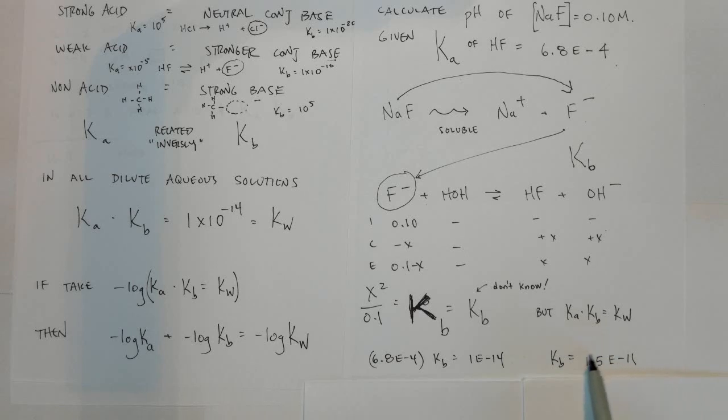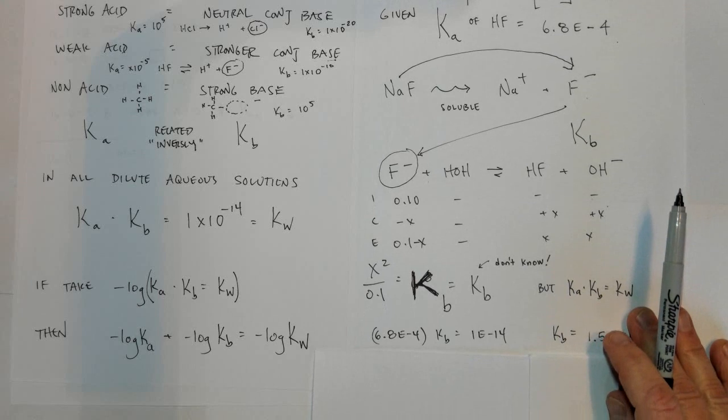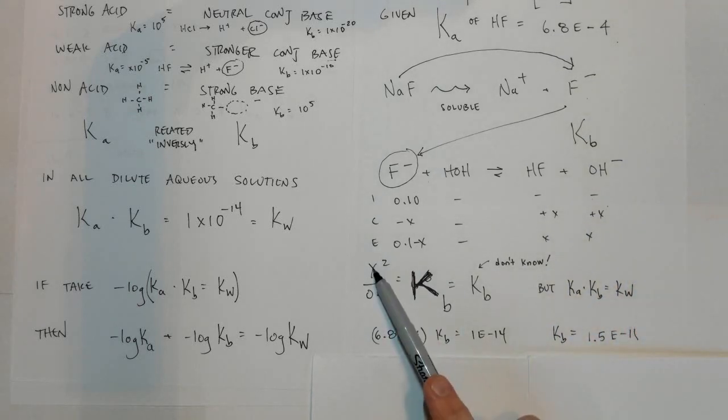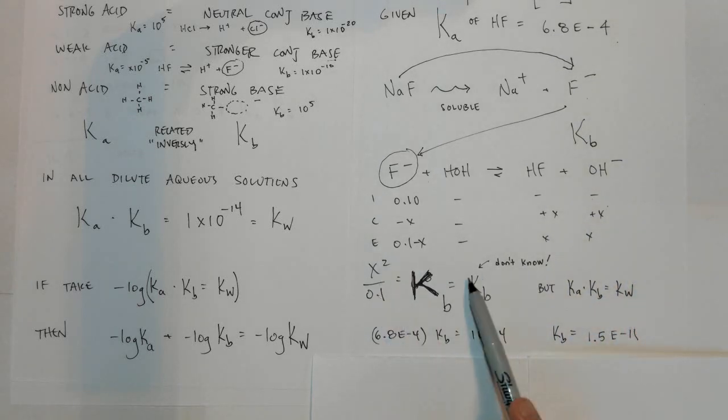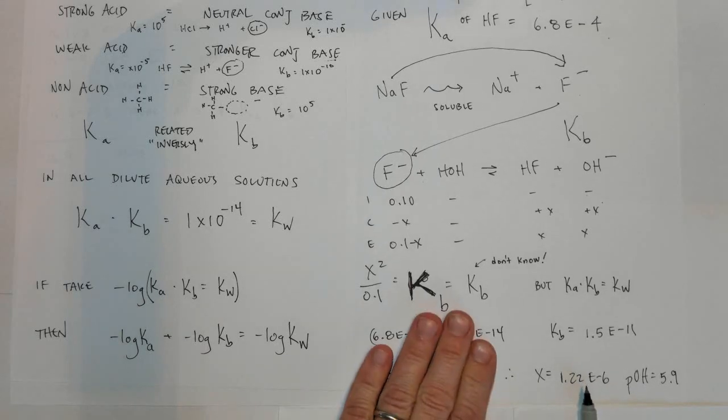I can take this number and plunk it right in here for Kb. And then I can solve for x squared, multiply both sides by 0.1, and then square root it. And this number multiplied by 0.1 square rooted ends up being 1.22 times 10 to the negative 6th.